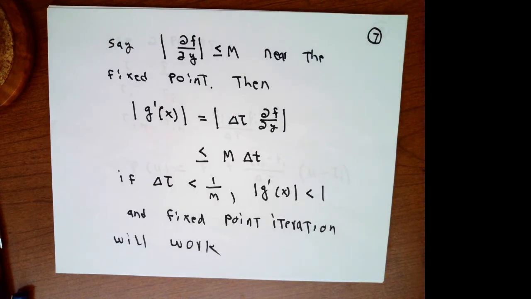If I make delta t small enough, for example, no bigger than 1 over m, then absolute value of g prime at x will be less than 1, and the fixed point iteration will converge to a fixed point of the g function.